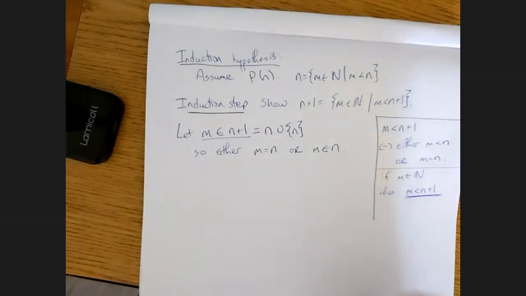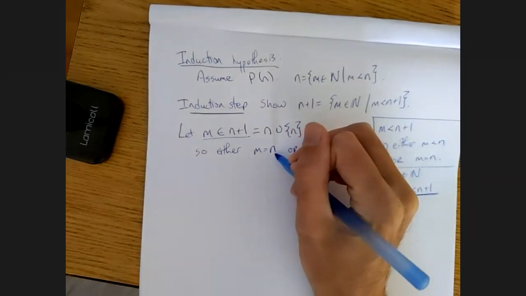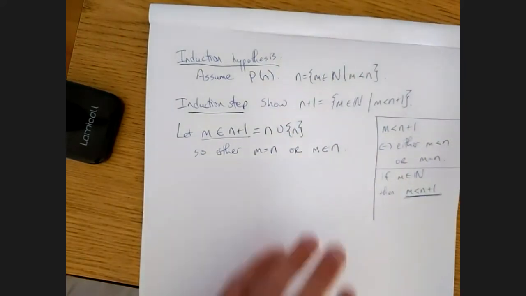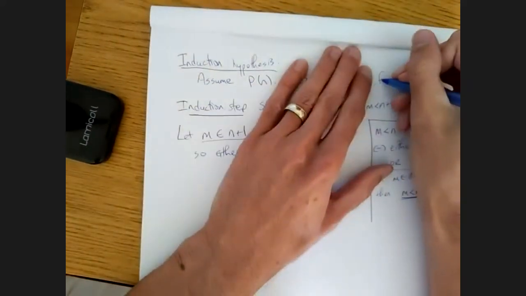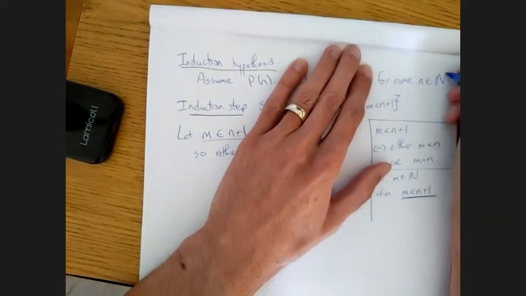Our goal is to show that m is a natural number. If m equals n, well, our induction hypothesis, I should have said, assume P of n for some natural number n. To make it really clear, we're assuming n is already a natural number.